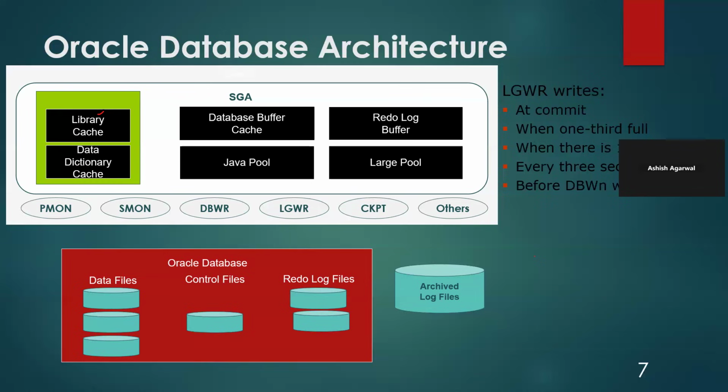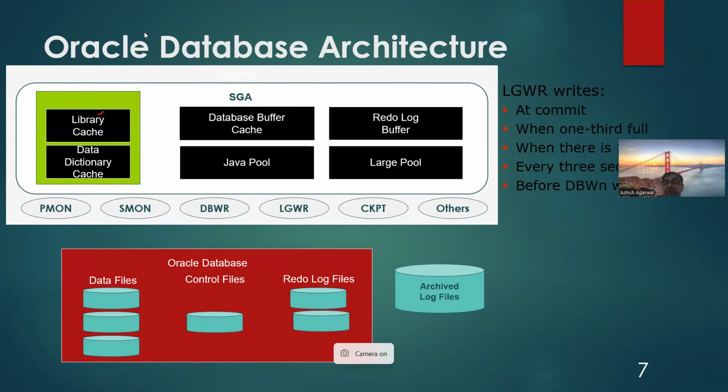Memory components include library cache, data dictionary cache, database buffer cache, redo log buffer, Java pool, and large pool. Then there are background processes, which include PMON, SMON, database writer, log writer, the checkpoint process, and other background processes as well.